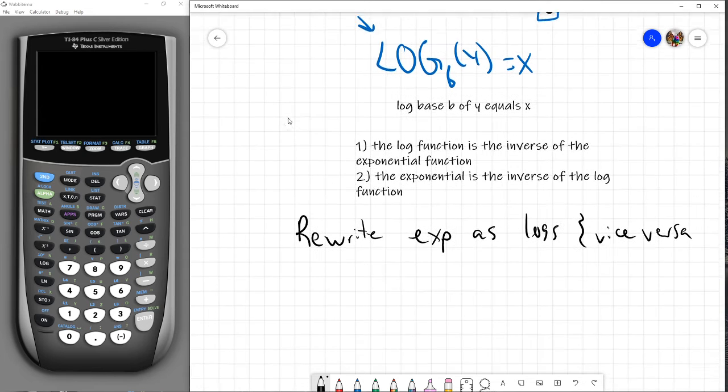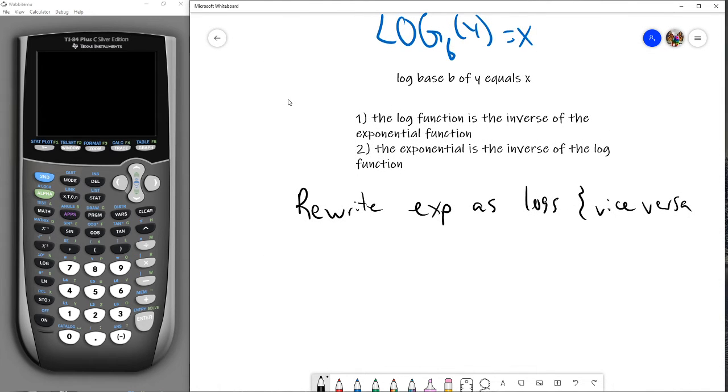So for example, if I had a is equal to 5 to the y, we would rewrite this. So this right here is our exponential base, and that will be our logarithm base, so we would write that as log base 5.